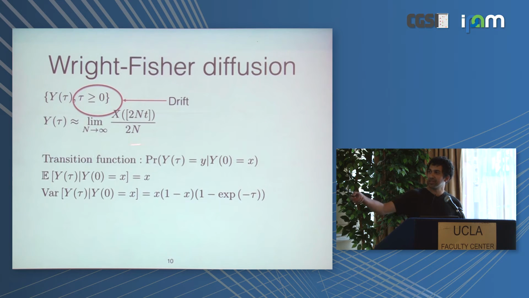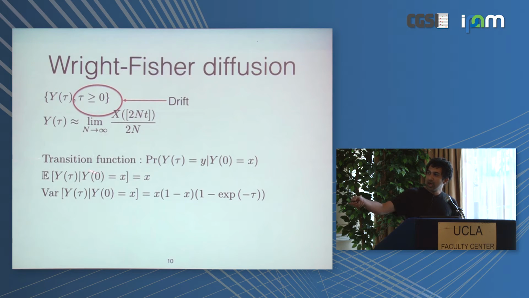The transition function tells you, if you were to start this diffusion at a given allele frequency x, what the allele frequency is going to be at some later point in time. We have explicit analytical forms for this transition function. This was initially computed by Kimura in the 50s.